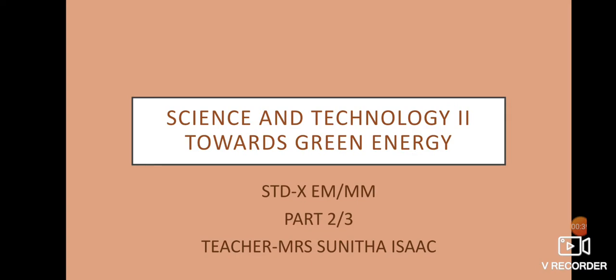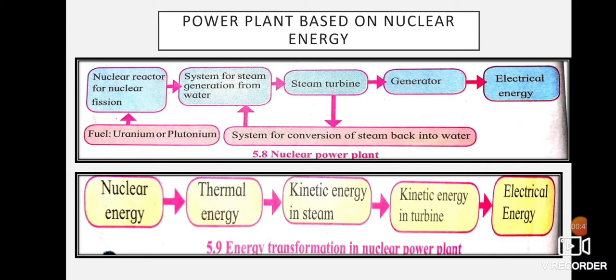In the first part we learned the thermal power station, where coal is used to generate electricity. In today's part we are going to learn how nuclear energy is used to generate electrical energy. Now if you look at this nuclear power plant, it is called the nuclear power plant because we are using the nucleus that is obtained by the nuclear fission reaction.